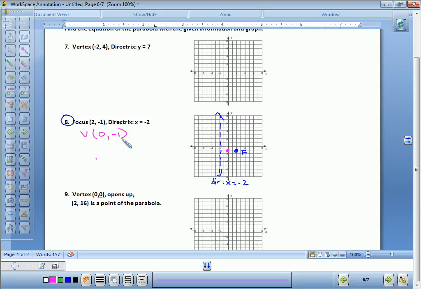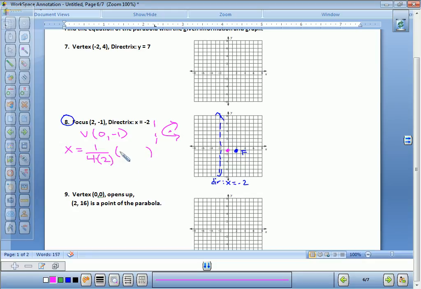0, -1. Okay, is this going to open up, down, left, or right? Right. It's going to open right. That's how it has to look. So it's going to be x equals 1/4 times what? 2. The distance from here to here, there to there. 2.